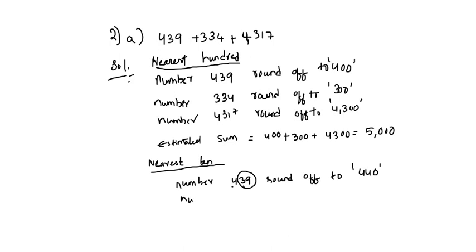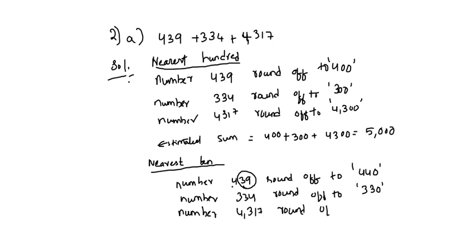The number 334 rounds off to 330. The same thing, the number 4317 rounds off to 4320.